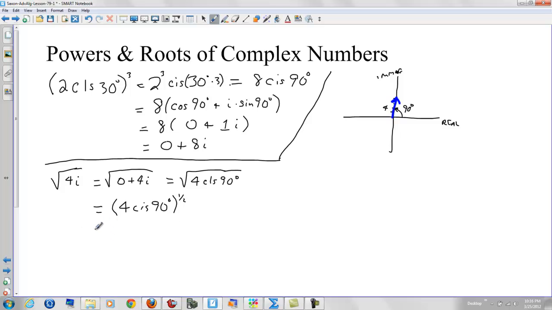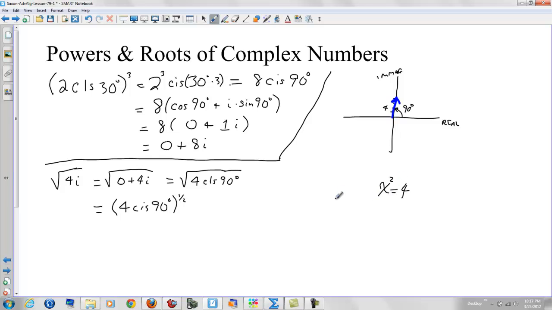So we have a little bit of an issue to deal with here with roots, and that is we need to remember that when we were dealing with real roots, we had 2 square roots when we were trying to solve for an equation. For instance, if we had x squared equals 4, we realized that x could have been either 2 or -2, resulting in 2 real square roots.